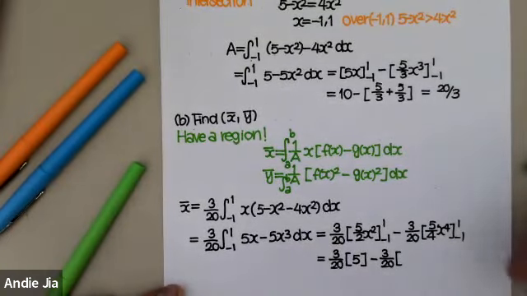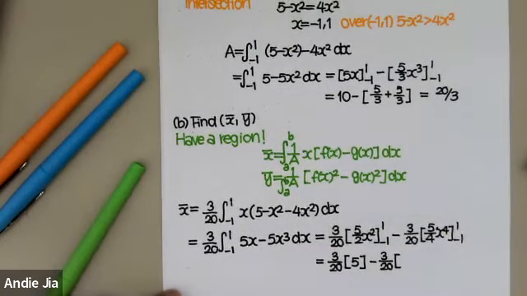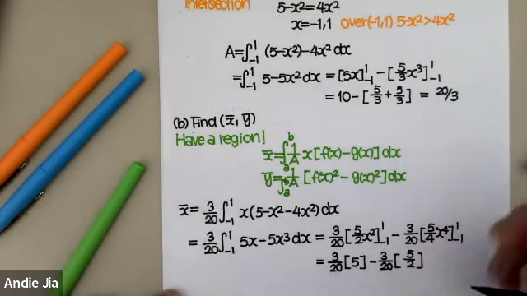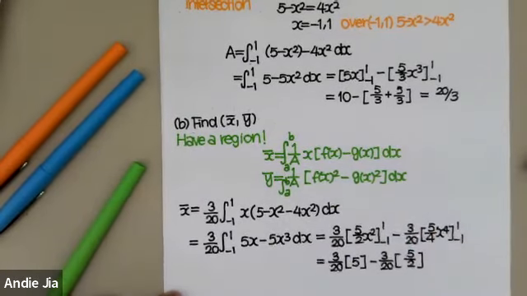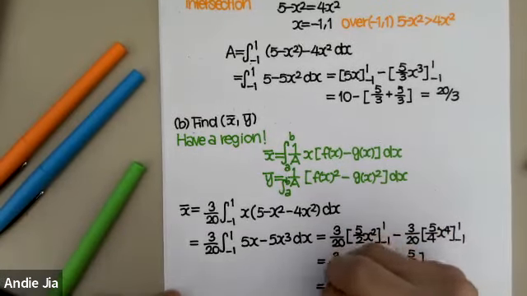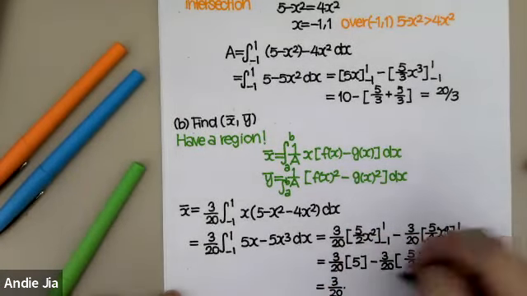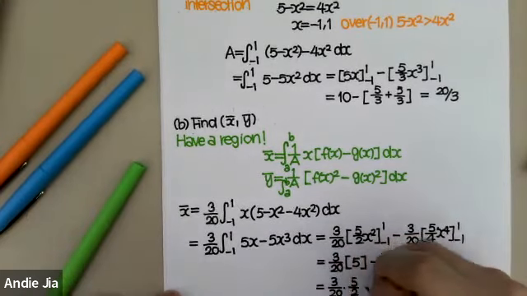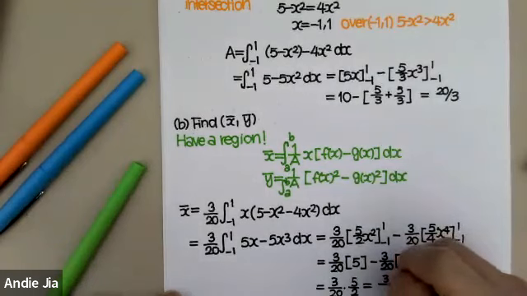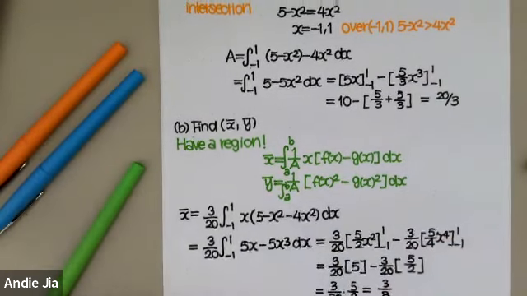So this is going to be 2/5. We have 3/2. So it's going to be 3/20 times this, which is going to be 5/2. So it's going to be 3/8. That is your x bar.